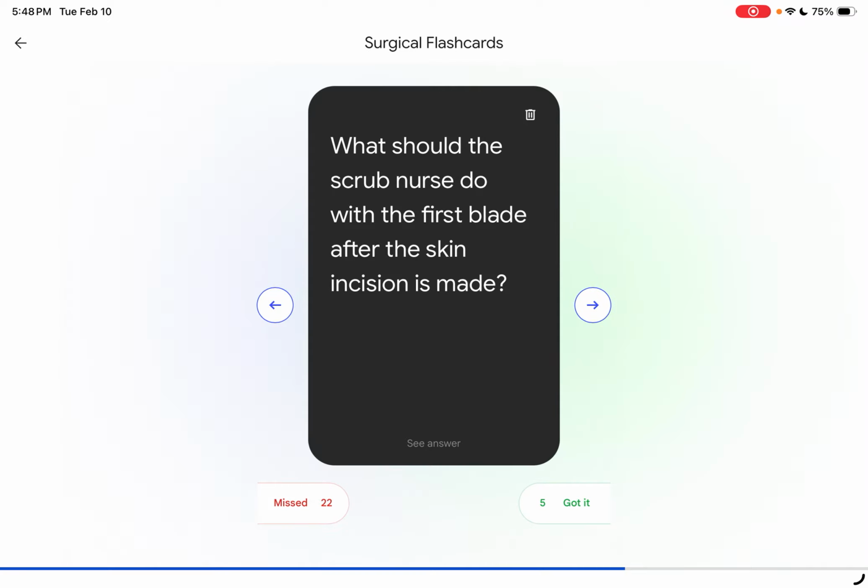Okay. What should the scrub nurse do with the first blade after the skin incision is made? Unsay buhaton sa scrub nurse?